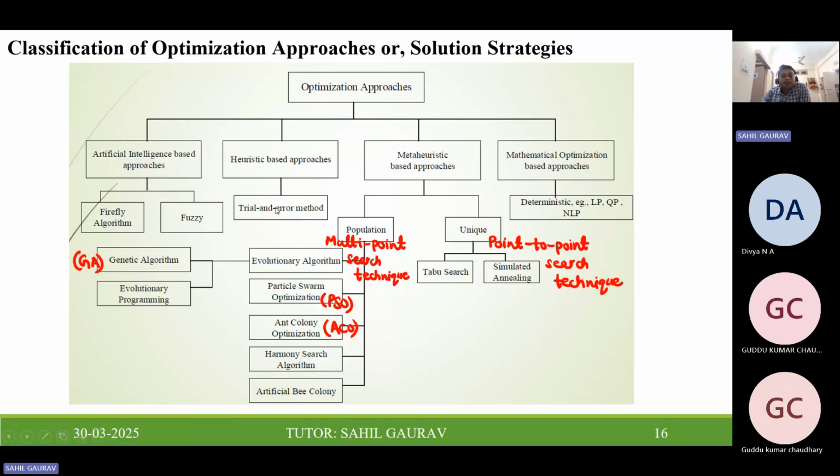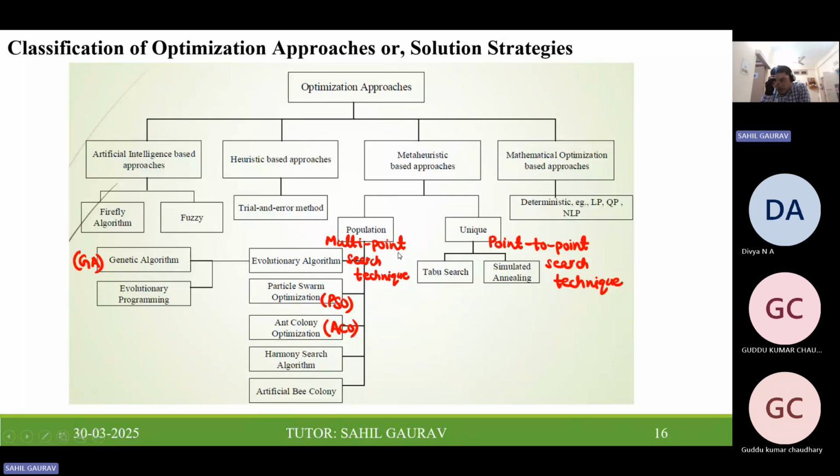In the heuristic based approach, we have the trial and error method, and in the meta heuristic approach, we have unique or population based meta heuristic approaches. The unique meta heuristic based approach is also called a point to point search technique, and it is of two types: taboo search and simulated annealing. While the population based meta heuristic approaches are multi-point search techniques.